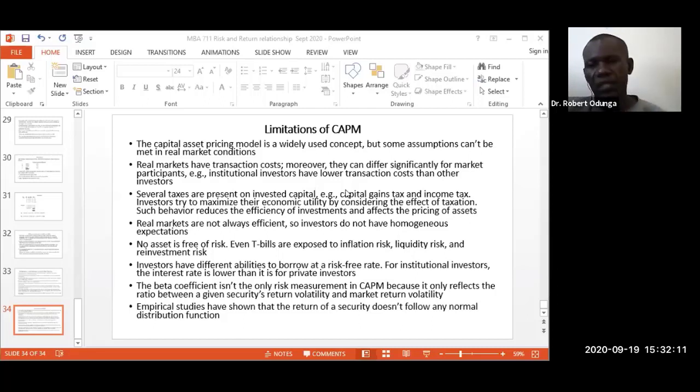You know, when you buy in terms of costs, institutional investors' costs may differ from the individual investor.